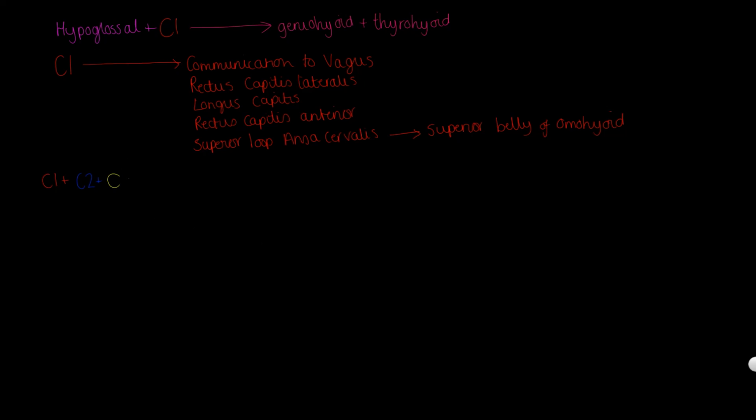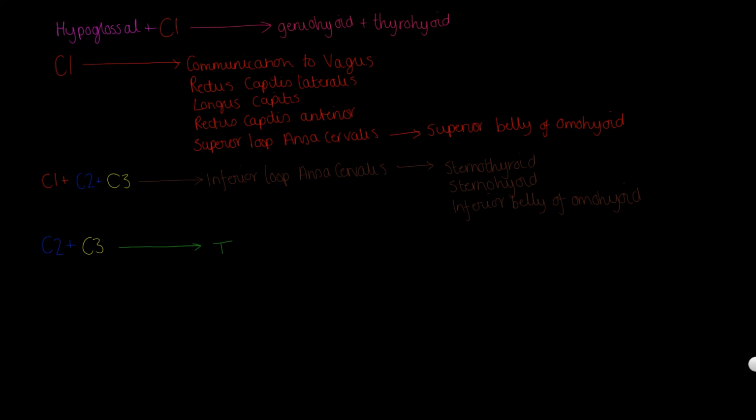Communication to the vagus nerve, the nerve that innervates the rectus capitis lateralis, the nerve to the longus capitis, the nerve to the rectus capitis anterior, and the nerve that forms the superior loop of the Ansa Cervicalis, which in turn produces the nerve that innervates the superior belly of the omohyoid muscle.